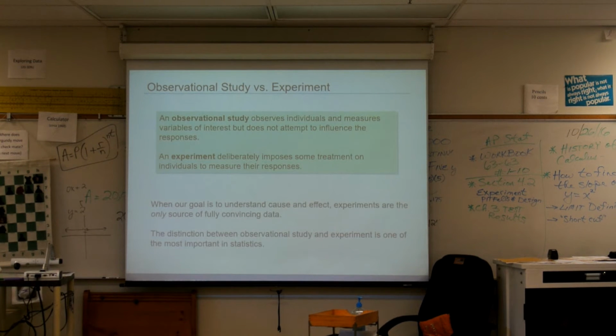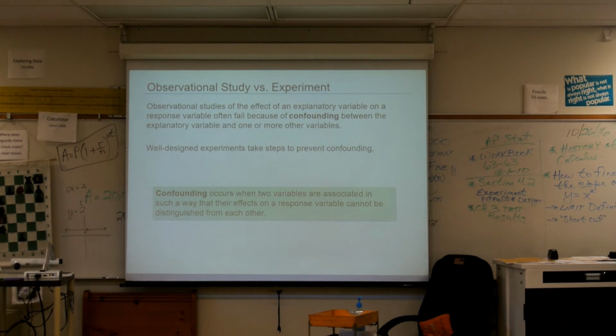The third slide here, let's skip that. Third slide. So confounding occurs when two variables are associated in such a way that their effects on the response variable cannot be distinguished from each other. For example, the duckbill bird question, right? And the pine cones. Is there a correlation between pine cones and duckbill pairs? Yes.